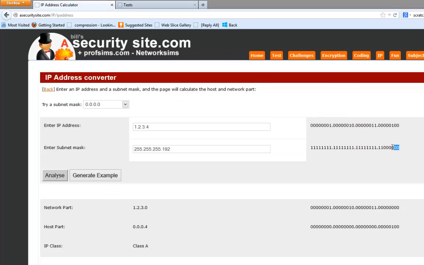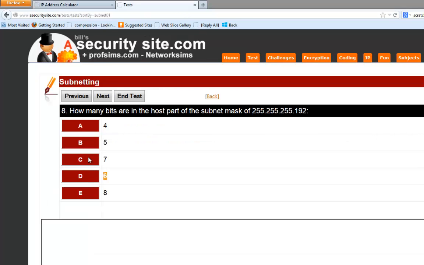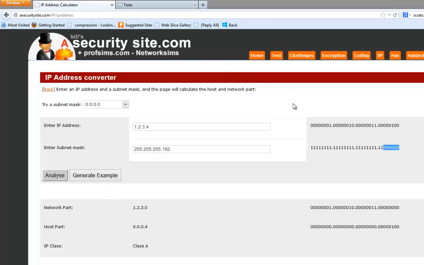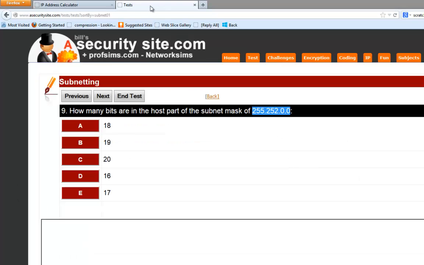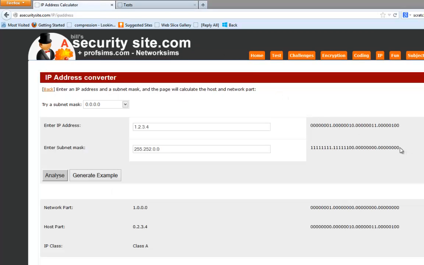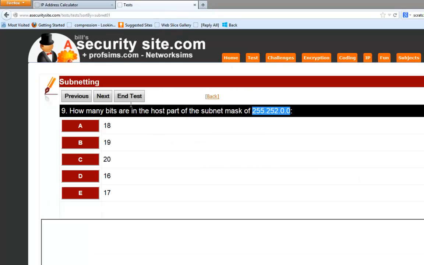There are only 6 bits in the host part, so the answer is 6 here. Let's try this one. This time we're looking for the host part, and we have 8, 16, 18 bits.